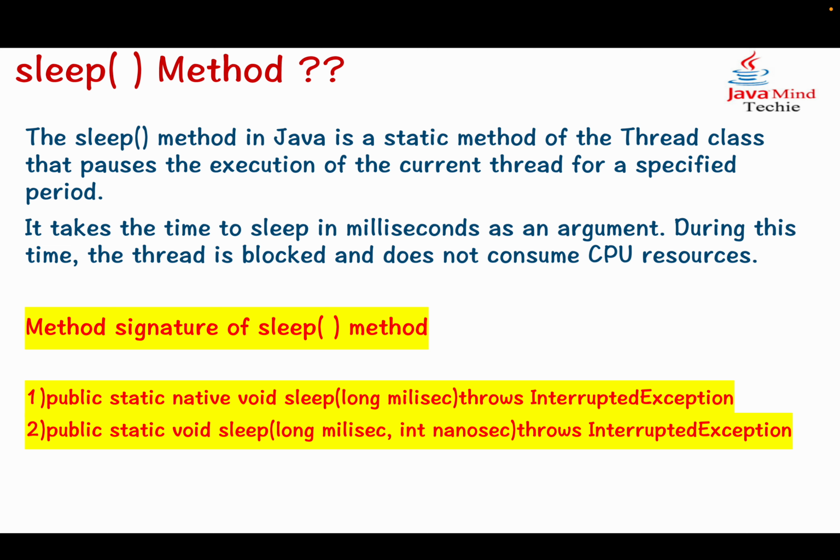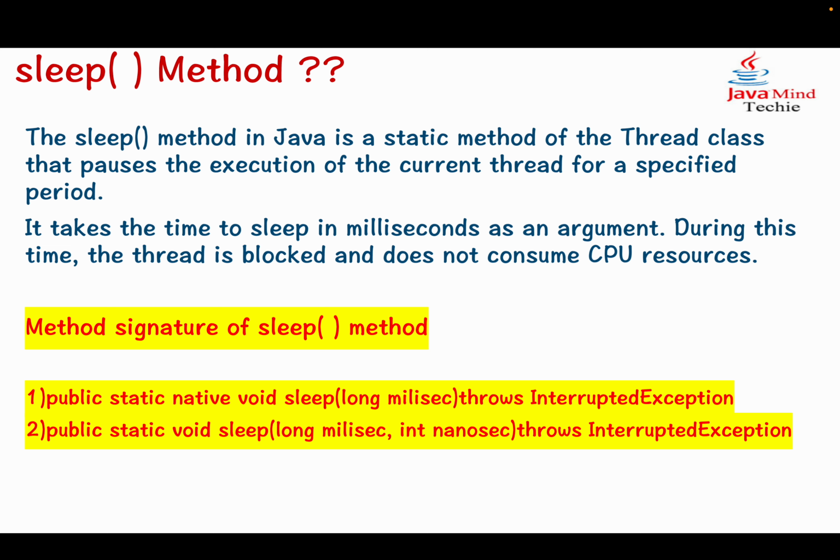The second is public static void sleep, and it expects two arguments, long milliseconds and int nanoseconds. You can see the first sleep method is native. You need to understand what native is: a method which is implemented in another language is called a native method.